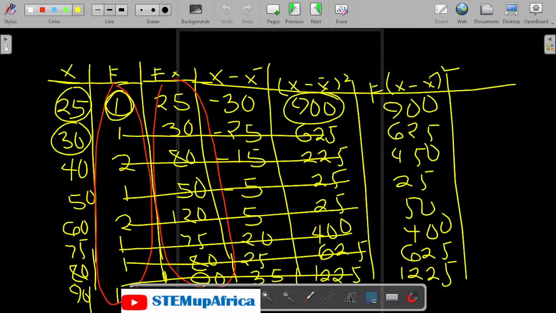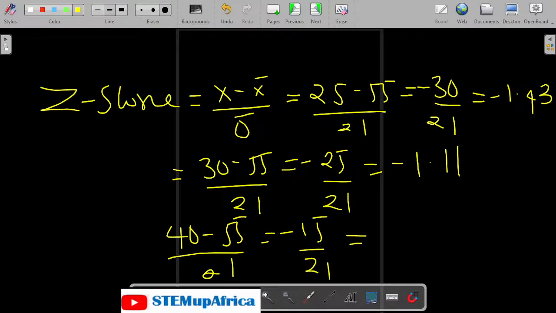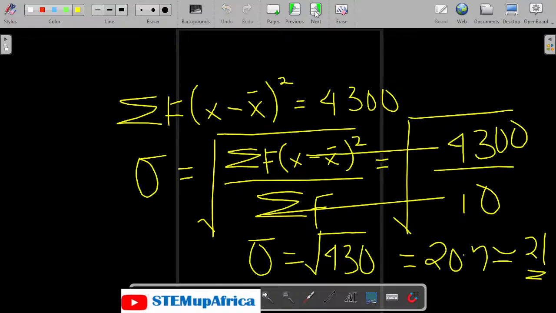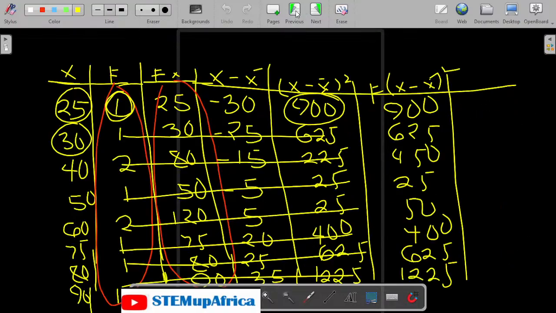Which is the next value? The next value is 40. So I'm going to have 40 minus 55 divided by 21, which is minus 15 divided by 21. 15 divided by 21, that will give us minus 0.71. So this is how you are going to go about it till you get to the last number there, which is 90.